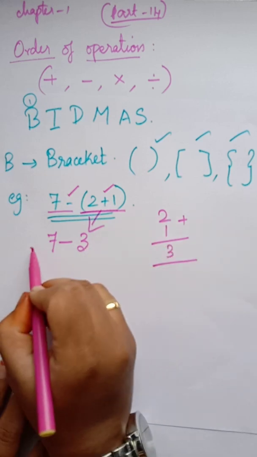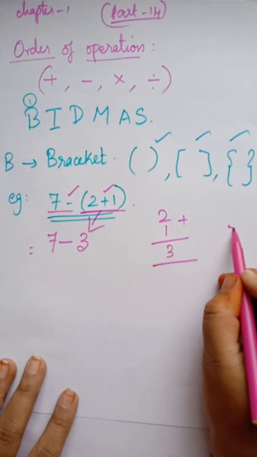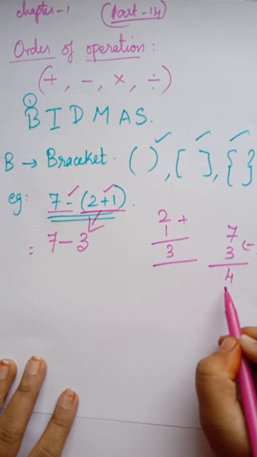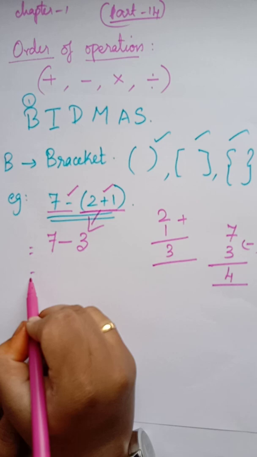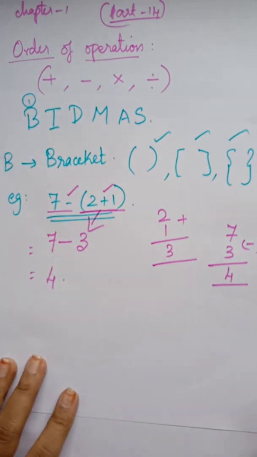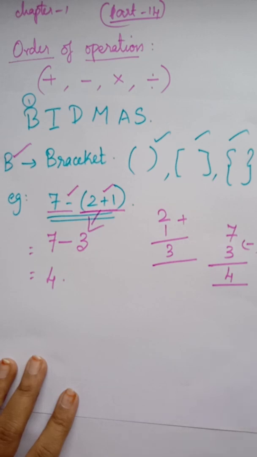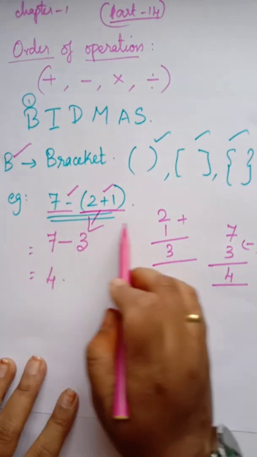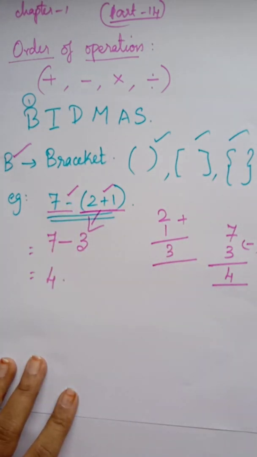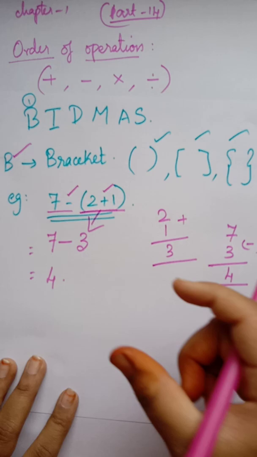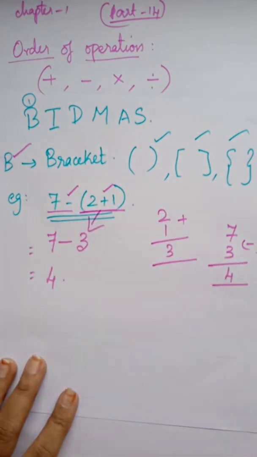Now what is the value? 7 minus 3, so subtract, you will get the value 4. So B means bracket. If they give you a sum like this, first check whether you have a bracket in it or not. If you have a bracket, do the sum for the bracket first, then afterwards move to the next operations.